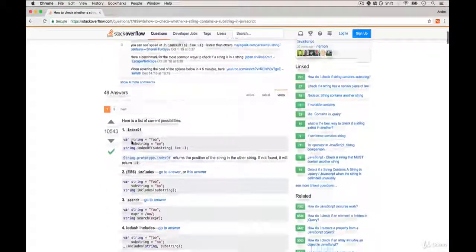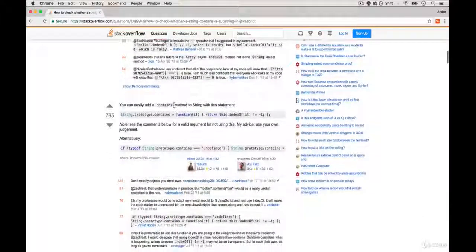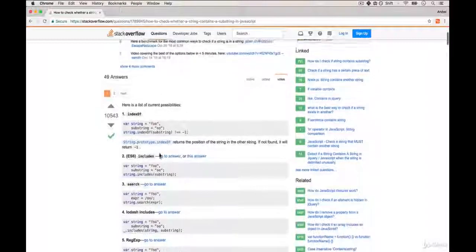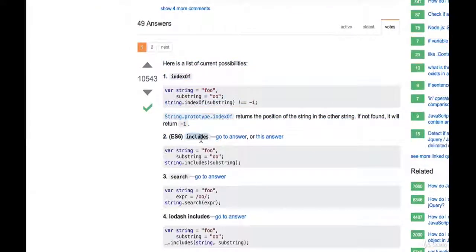And maybe the top answer now isn't exactly the top answer anymore. So I like scrolling through and making sure that, maybe the first 3 answers are good. But if we scroll up over here, we see that this person actually kept updating their answer and even has the ES6 method, includes. So now that I know, I see that, I can just use the includes function.